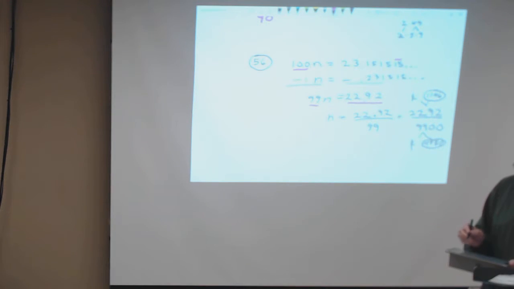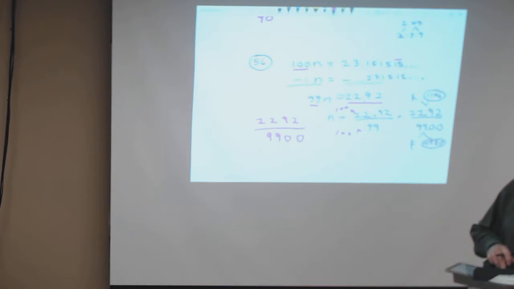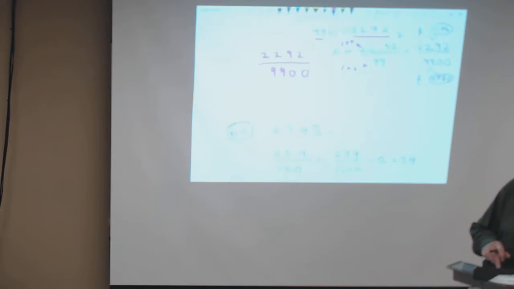So, what's that going to become? 2292 over what? 9900. Everybody follow that? I take both of these times 100 to get rid of the decimal point. Okay? Same process all day long.